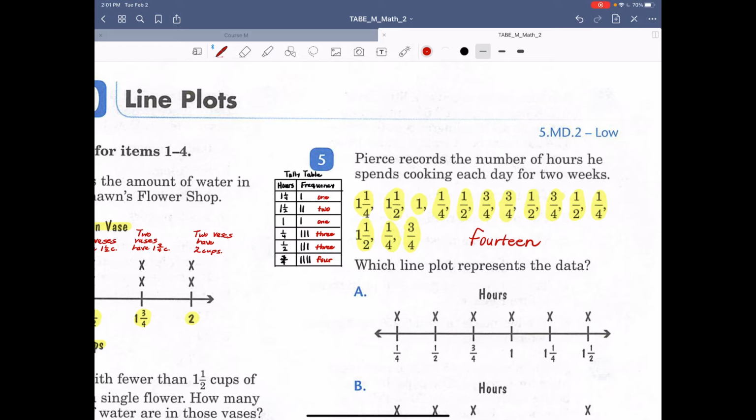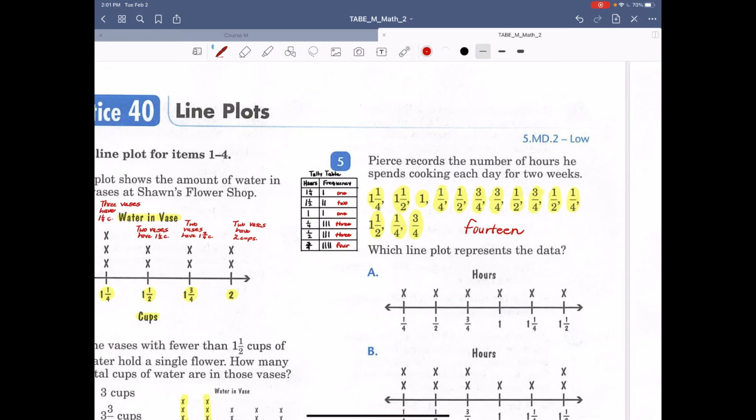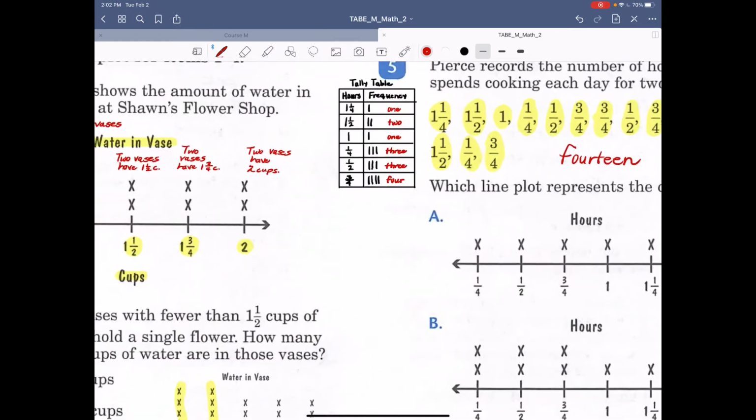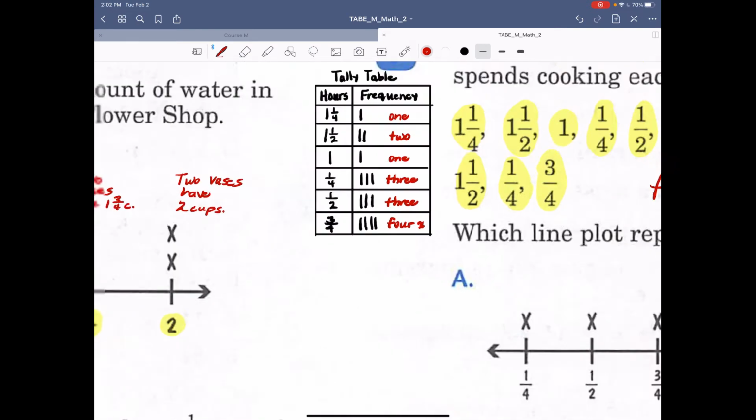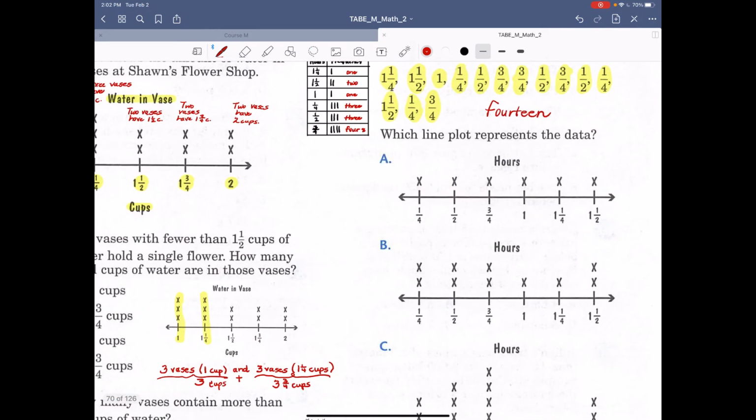Okay, so now we need to figure out which one of these graphs matches our tally table. So the way I'm going to do it, I'm going to focus on this 3/4. Whichever answer I choose needs to have 4 X's with the 3/4. Each of those tally marks represents the X's. So let's focus right here. A only has 1 X for the 3/4.